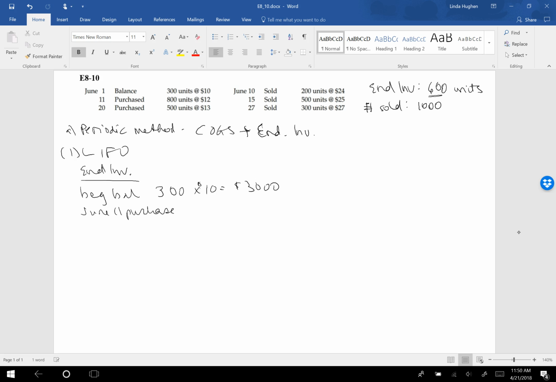How many units are in ending inventory from the June 11th purchase? We're not going to use the full 800 because we want to account for 600 total units. So how many units were sold from that June 11th purchase? 300 at a cost of $12 per unit. Where are the other 500 units from this purchase? We assume they were sold.